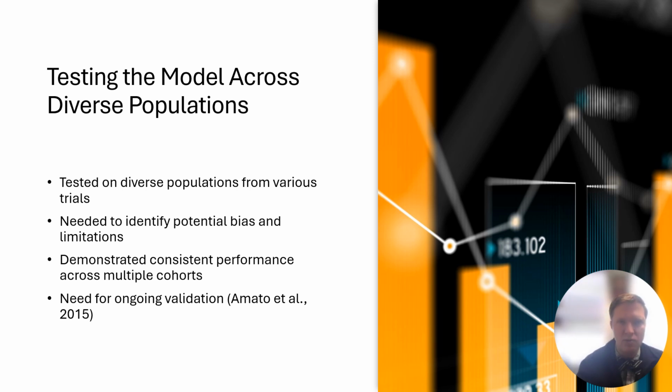We still need to do ongoing validation as new data, new treatment modalities, new modes, new therapies emerge, but overall it was very diverse and that showed a lot of reliability and trust for this study.